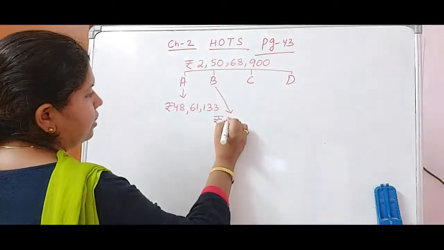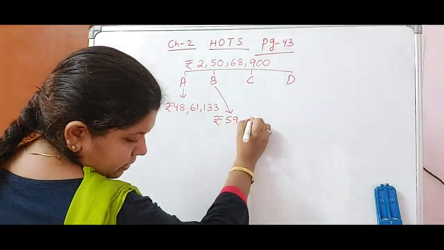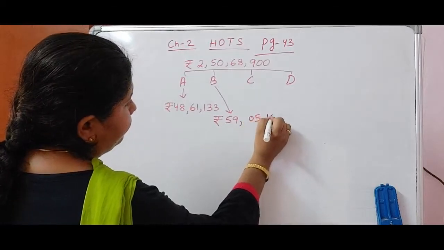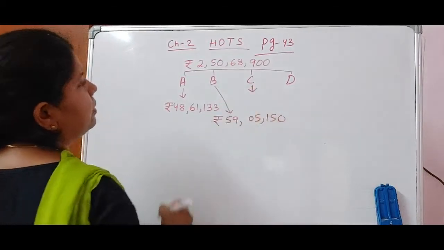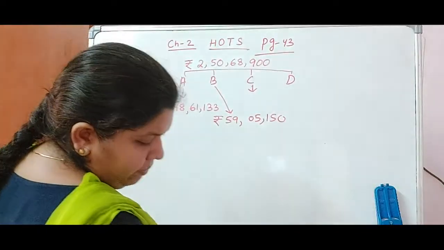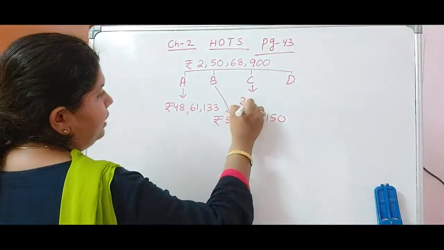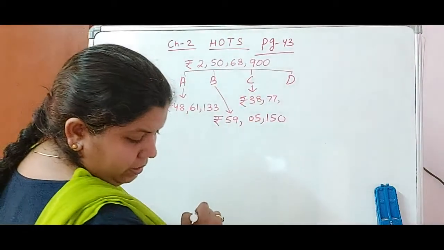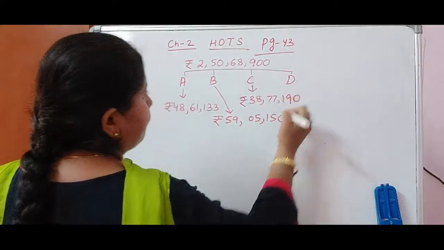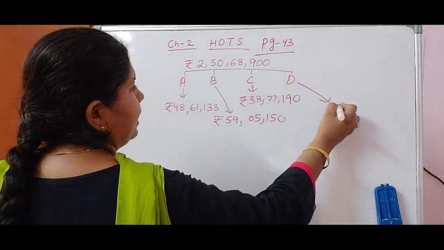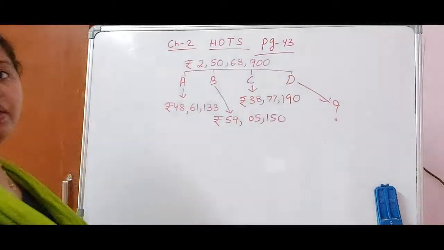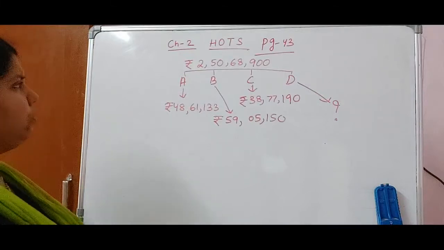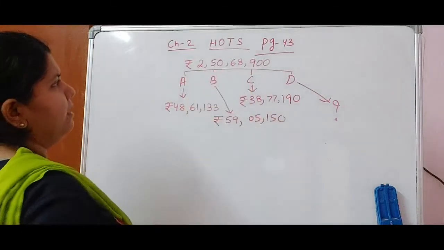That is rupees 59 lakhs 5,150. And from C, NGO C, the amount that is collected is rupees 38 lakhs 77,190. And we don't know how much was collected by NGO D. That we need to find out. That is why I gave a question mark there. So for this, first we will add these 3 and we will subtract it from this.